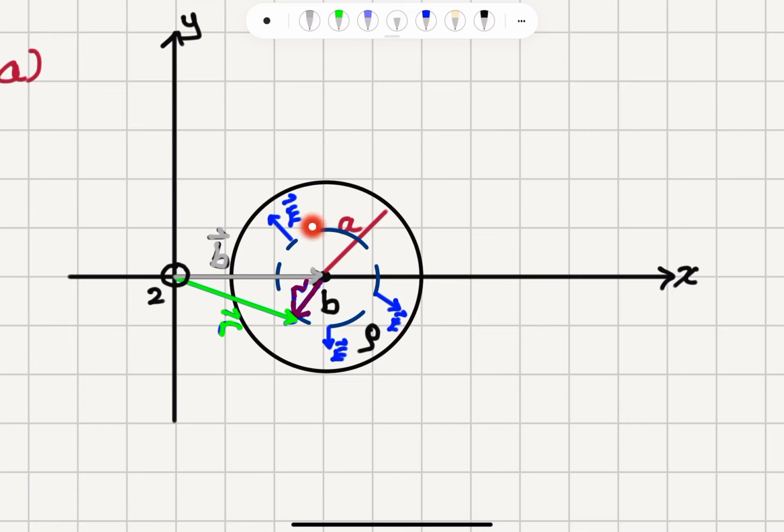If we take a Gaussian sphere inside this sphere with radius r prime, we can calculate the electric field at r equals r prime, which will be less than the radius a.